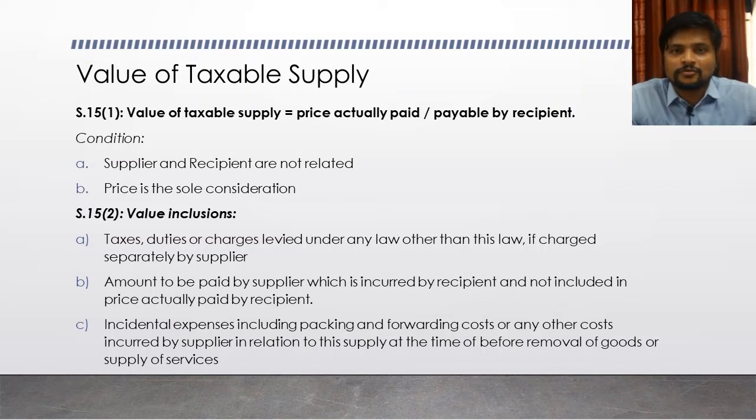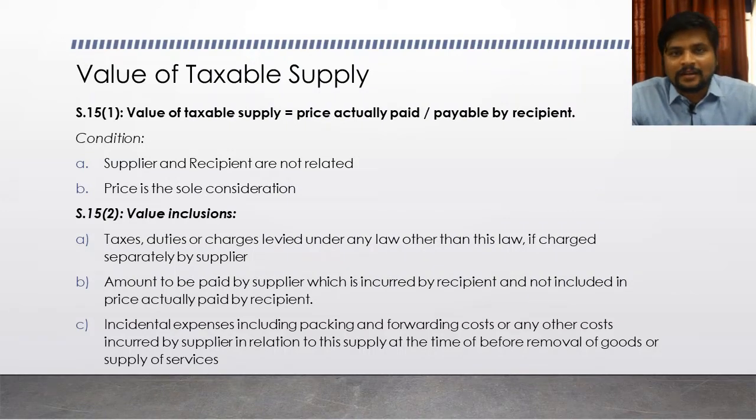Subsection 4 refers to the GST rules. The GST rules mention certain types of valuation for cases where certain conditions are not satisfied. So now let us enter into the actual provisions of the CGST Act 2017.